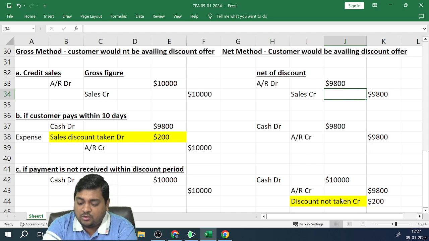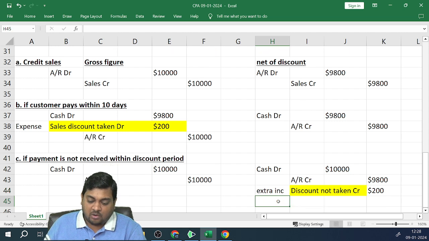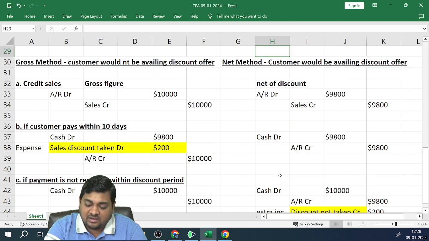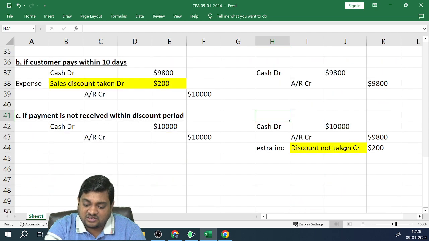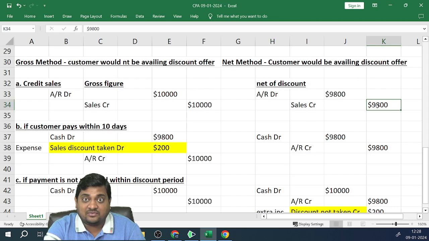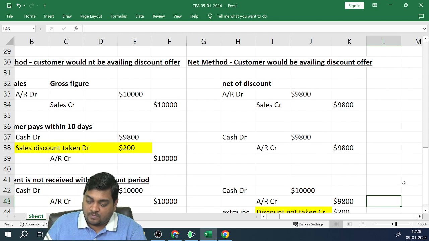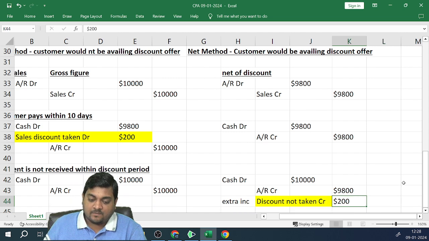We are going to create an income, extra income out here. Sales we cannot credit again and again. We can simply create an extra income for the discount not taken, because I have recorded sales at the net figure, but now I am going to receive more. Right?